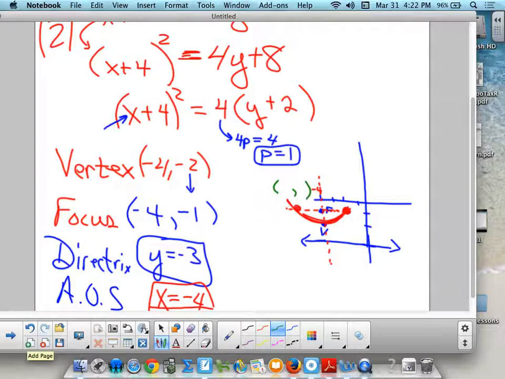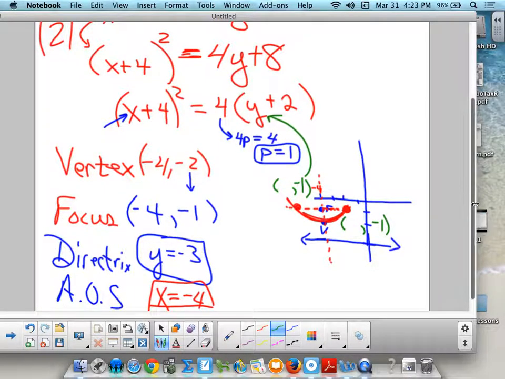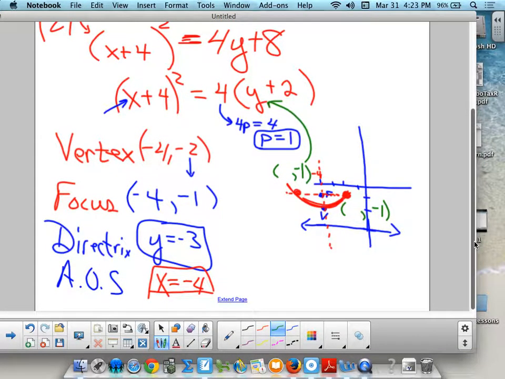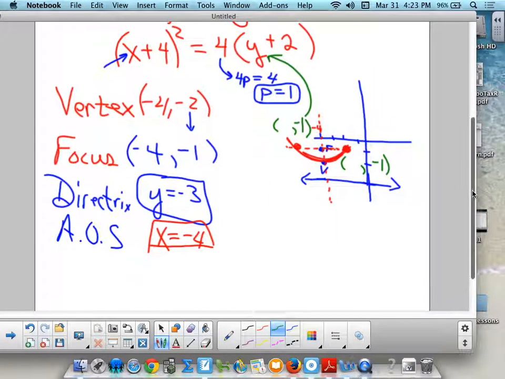So your focus has a y value of negative 1. So this would also have a negative 1. So you need to plug this in right here. Okay, and I'm not seeing it very well, so I'm going to go like this and this and come back up. All right, here we go.